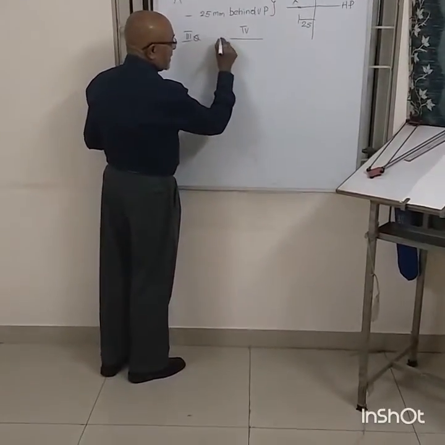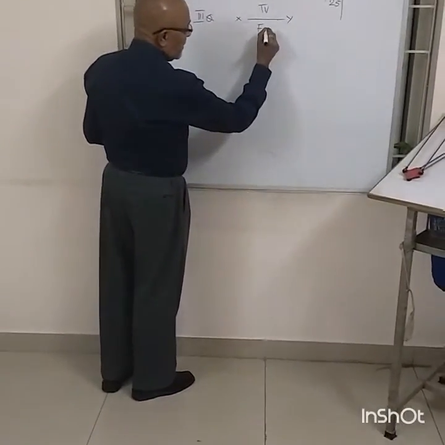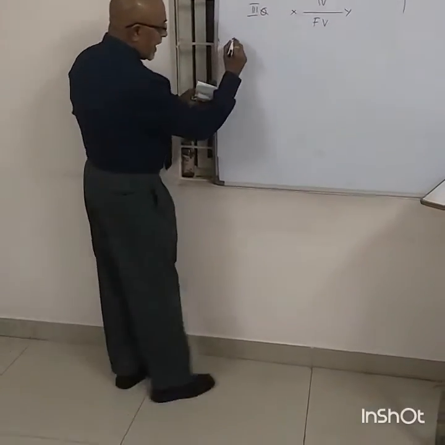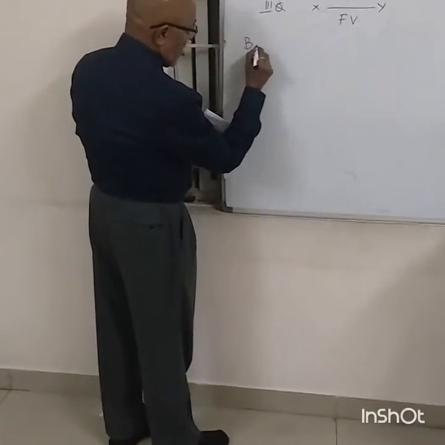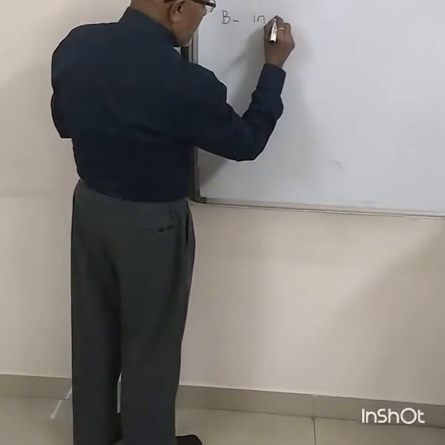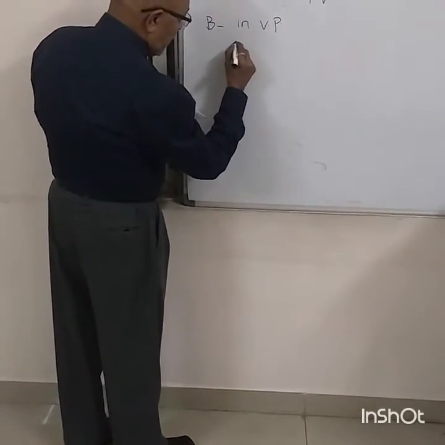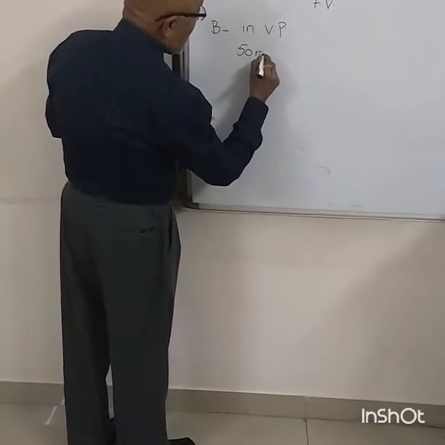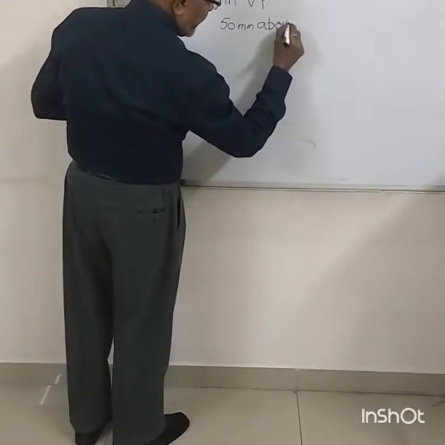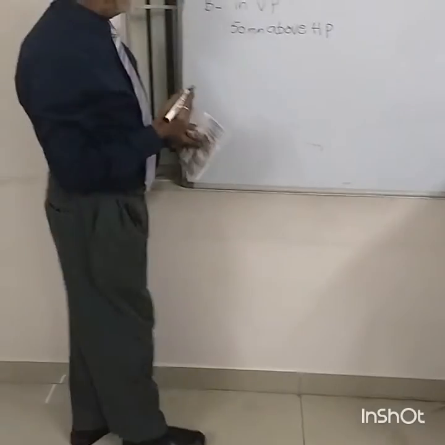Now look at the other end of the straight line. It is in the vertical plane and 50 mm above the horizontal plane. Which means the other end of the straight line, B, is in the vertical plane and it is 50 mm above the horizontal plane.